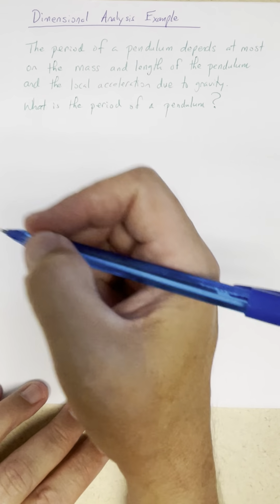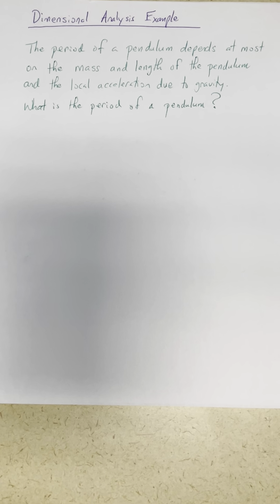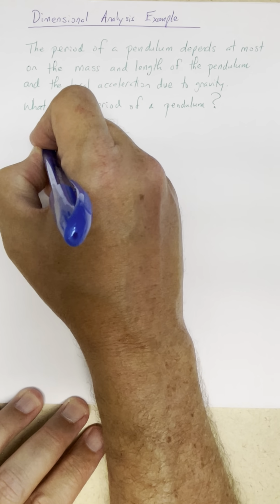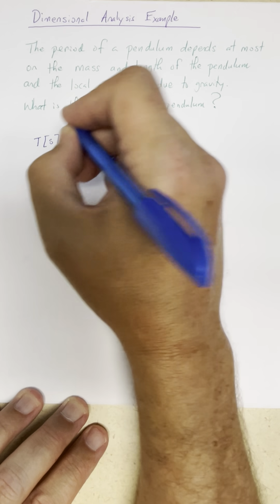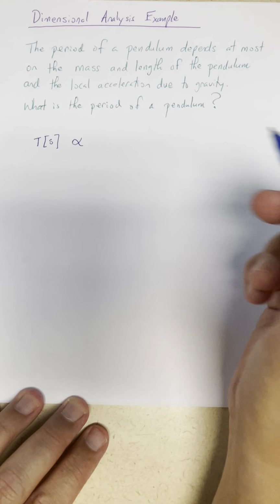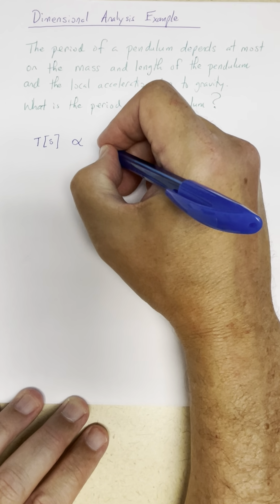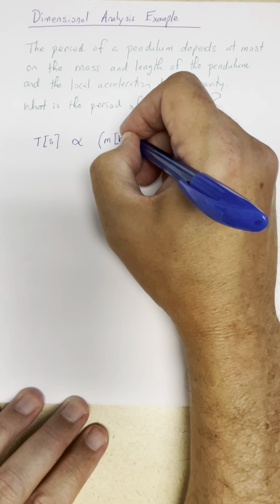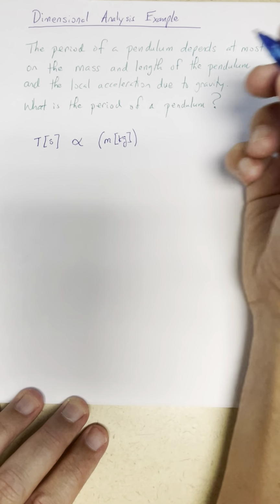So what we're saying is there has to be some relationship where I have a period measured in seconds proportional to, because there could be an overall constant of proportionality, mass of the pendulum, and mass we have to measure in kilograms.